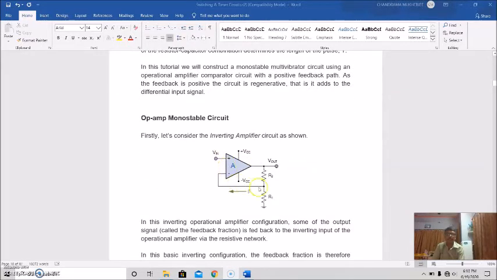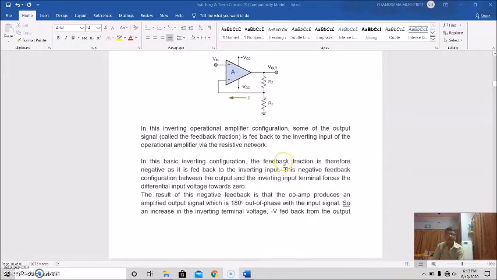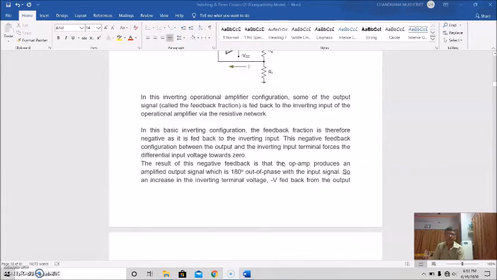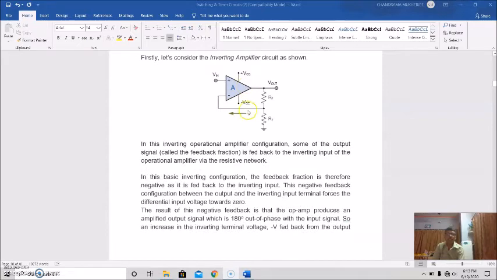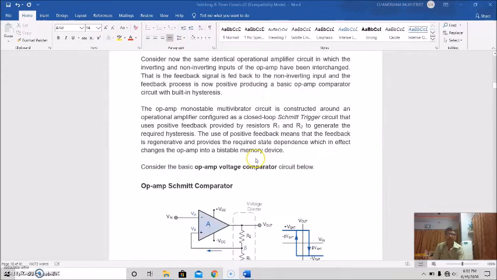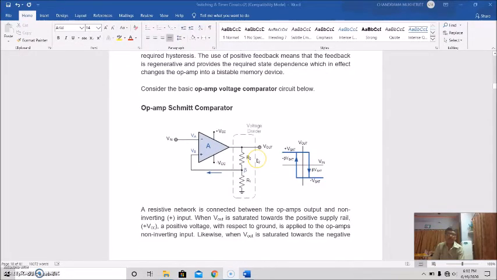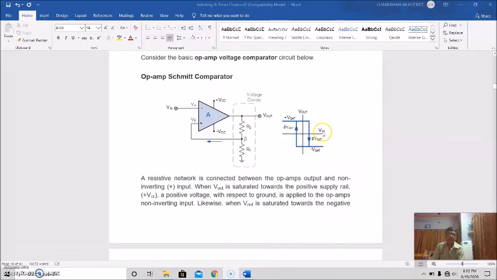from the inverting amplifier, then its operational procedure, and then changing the feedback path from inverting to non-inverting, where that is the op-amp Schmitt comparator, and how it is operated or how it is working.